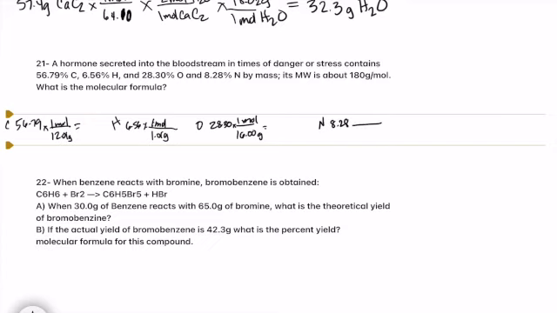So I've set up our problem here. We're at 56.79%, or in a 100-gram sample, 56.79 grams of carbon is 1 mole over 12.01 grams. Hydrogen, 6.56 grams times 1 mole over 1.01 grams.